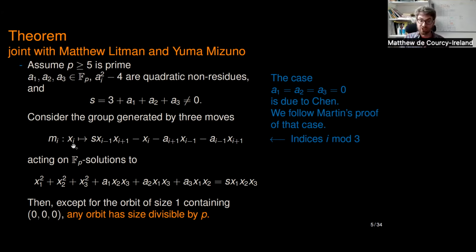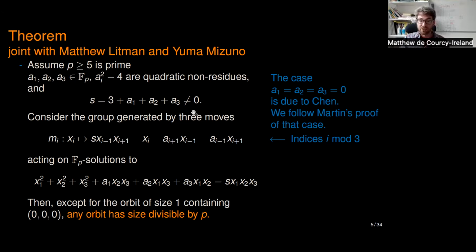So the move changes xi to S times the product of the other two minus xi minus a new contribution from the off-diagonal terms. So that's a group action on some surface mod p, and the conclusion of the theorem is that all the orbit sizes are divisible by p, except 0, 0, 0 is a solution in its own orbit, and that has size 1, which is not divisible by p.